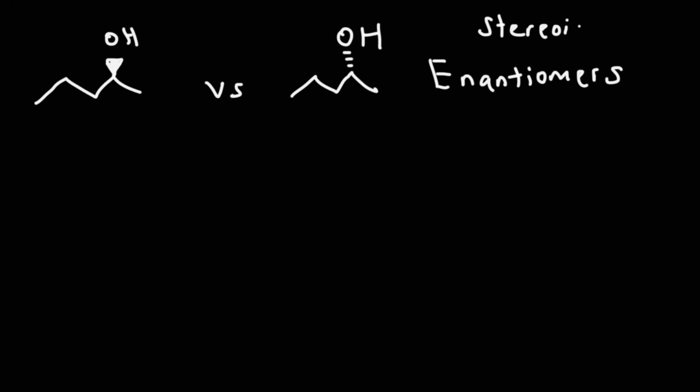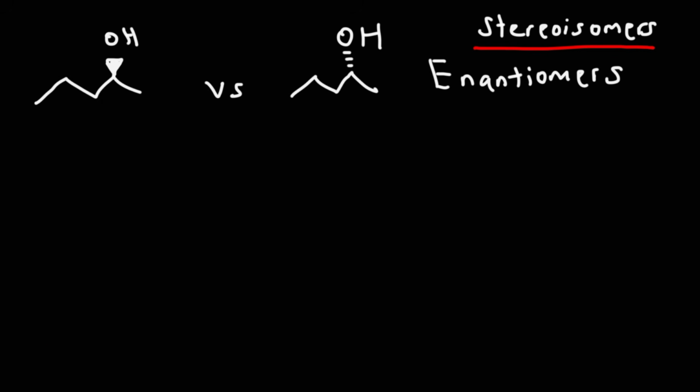Now remember that constitutional isomers have the same chemical formula but different connectivity. Stereoisomers also have the same chemical formula, but the atoms are arranged in space differently. Enantiomers, diastereomers, cis-trans isomers, all of those are subcategories of stereoisomers.